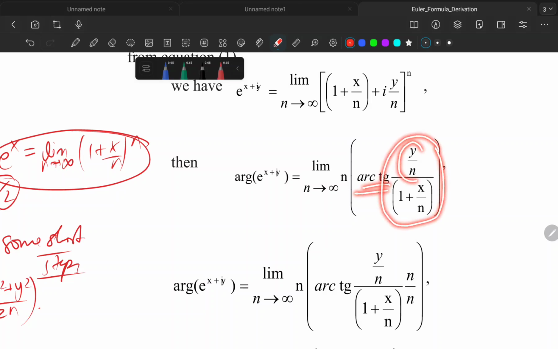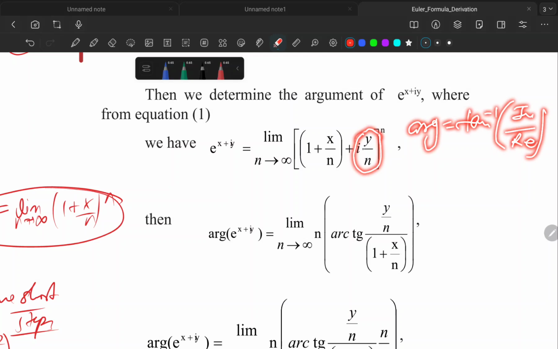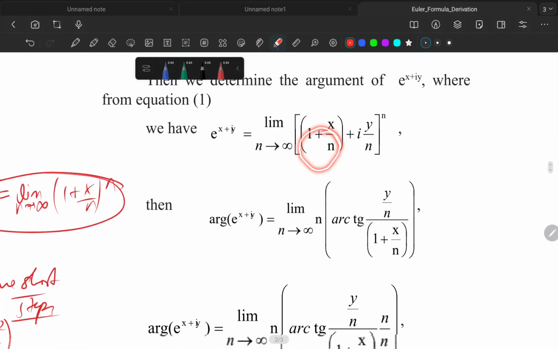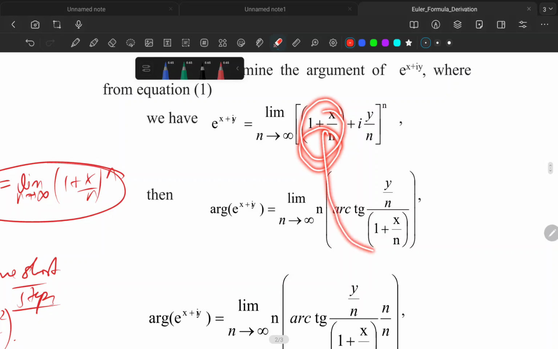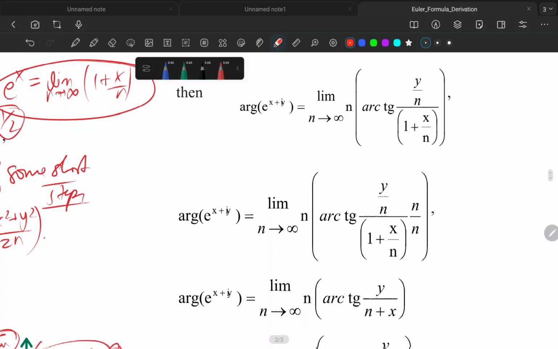Guys, remember that the argument is the arctangent of imaginary over real. Keep noticing that this is the imaginary part of this complex number, and this is the real part. So this goes into the denominator, and this goes into the numerator.